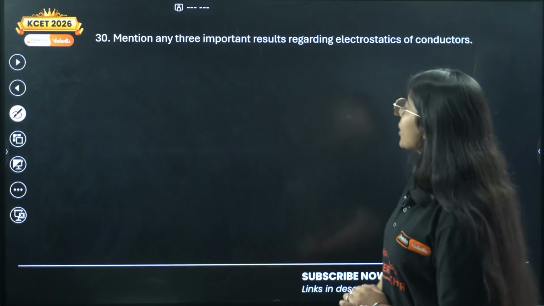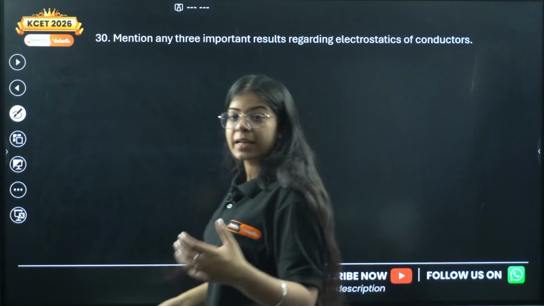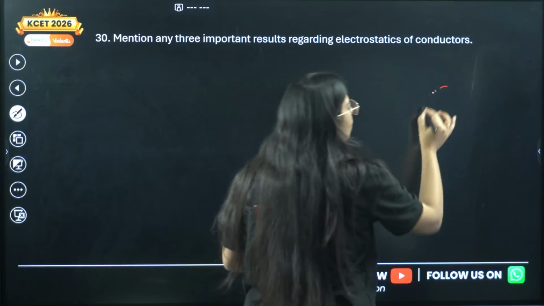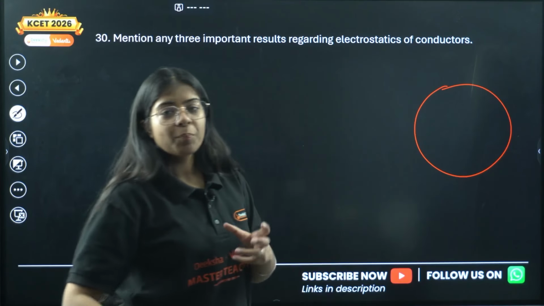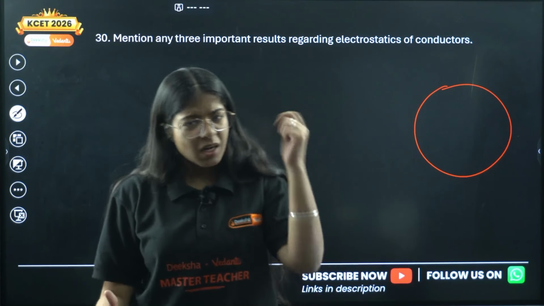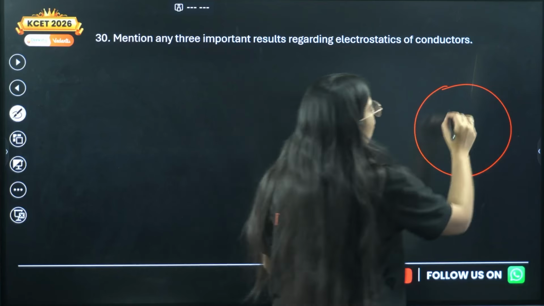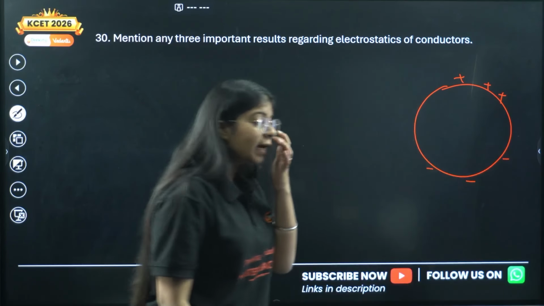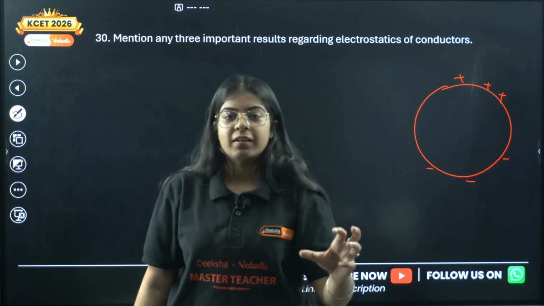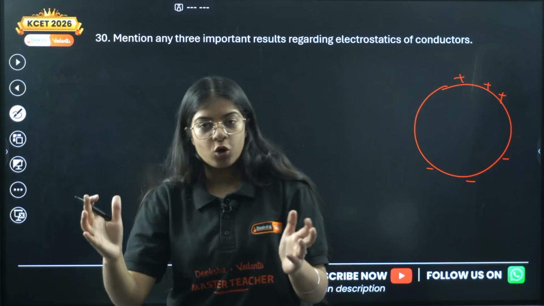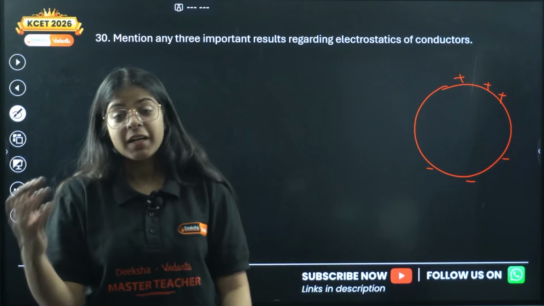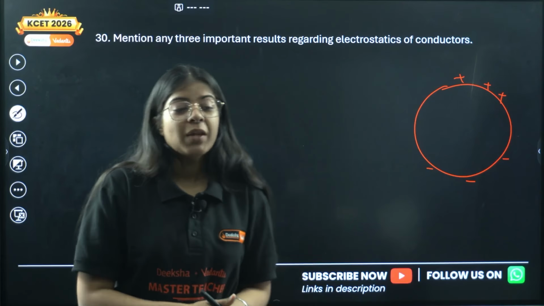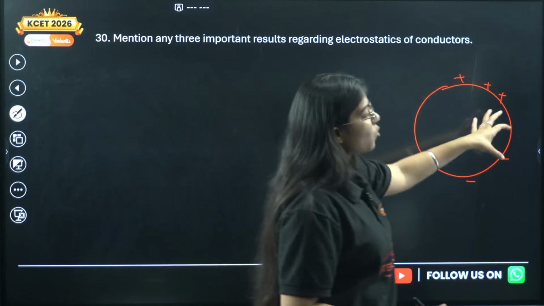Mention any 3 important results regarding electrostatics of a conductor. There is a conductor. Do you remember the properties of charges on a conductor? First, all the charge of the conductor, be it positive or negative, resides on the surface of the conductor, even if the conductor is hollow or a filled sphere.